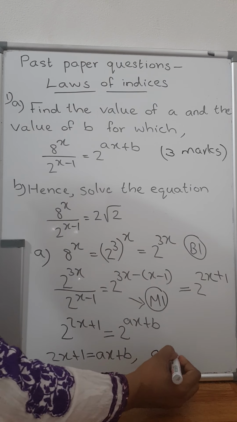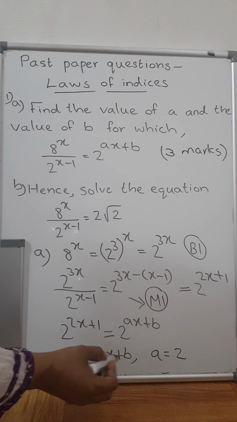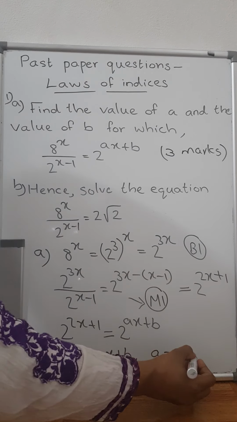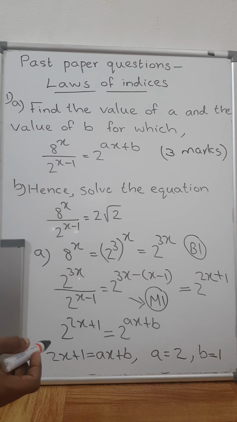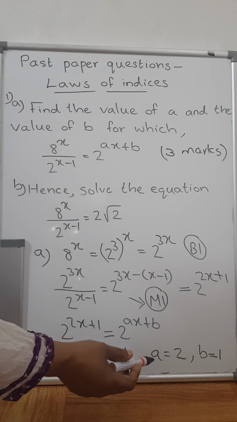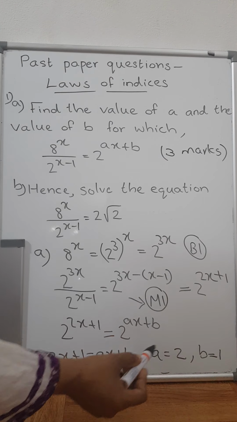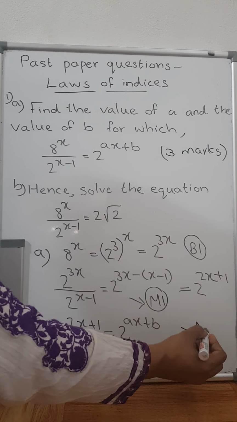And on comparing constants, we can write b is equal to 1. For writing 2x plus 1 is equal to ax plus b, or for finding a is equal to 2 and b is equal to 1, we are getting our final mark, the accuracy mark, A1.